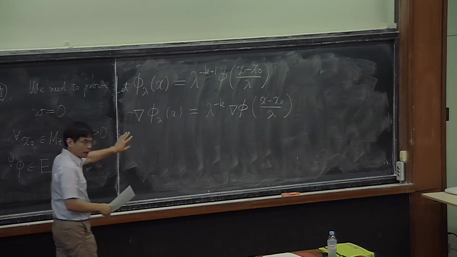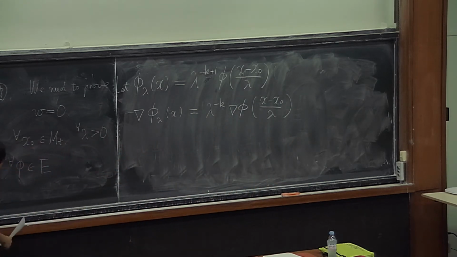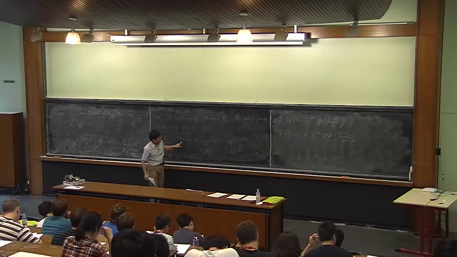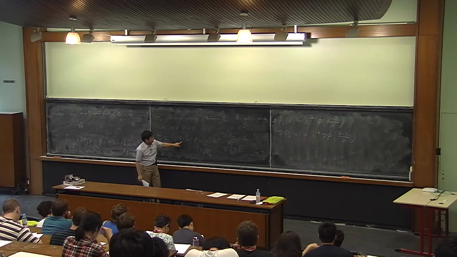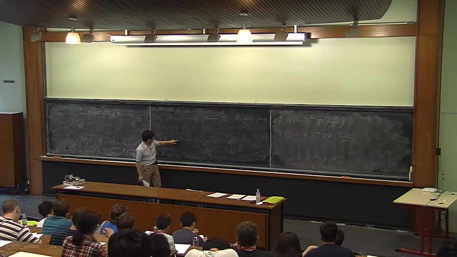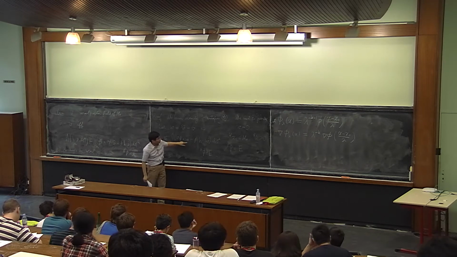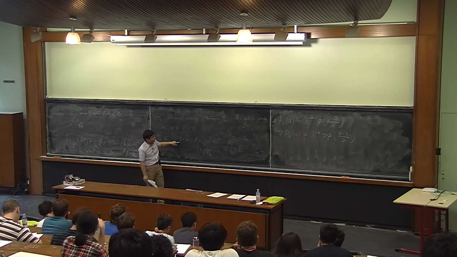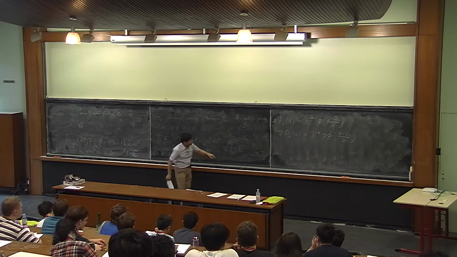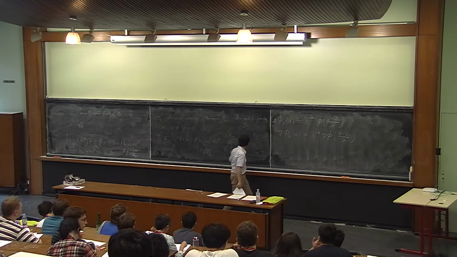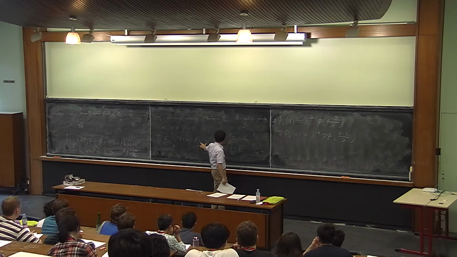One lambda is cancelled. Okay. Now you plug in. Now note that this one and this one have a different lambda power. This one has lambda to the minus k, while this one has lambda to the minus k plus 1.